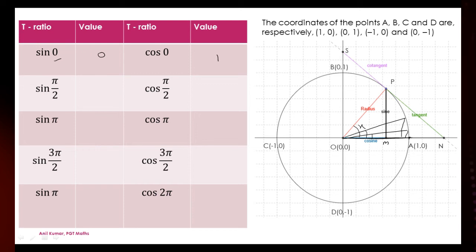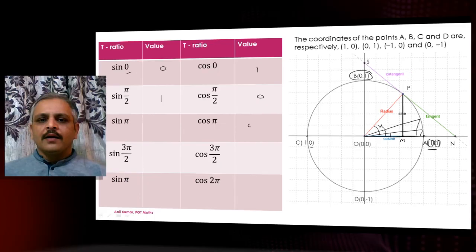So you can see that the x coordinate is representing the value of cos and the y coordinate is representing the value of sine. So at point B, what will be the value of cos? It will be 0 and the value of sine will become 1. So sine pi by 2 will be 1 and cos pi by 2 will become 0.